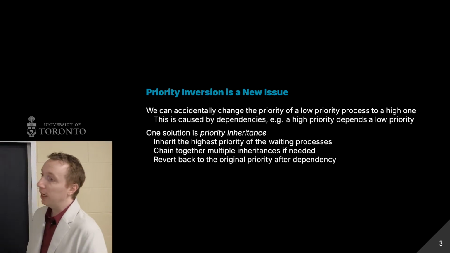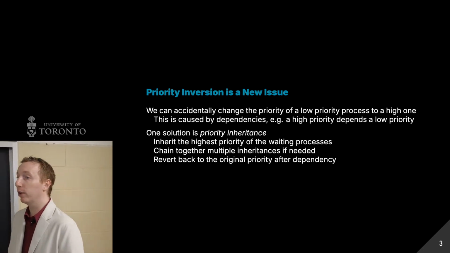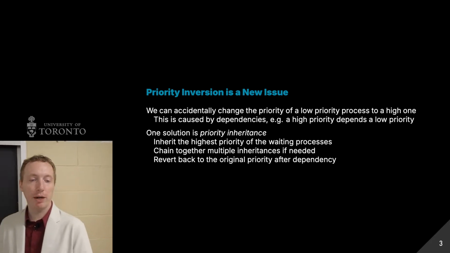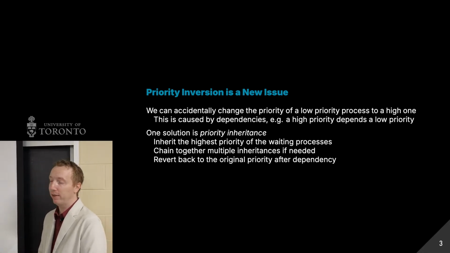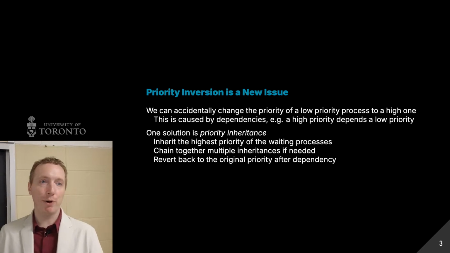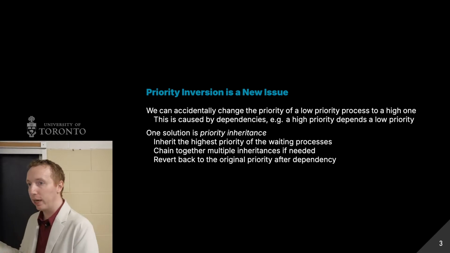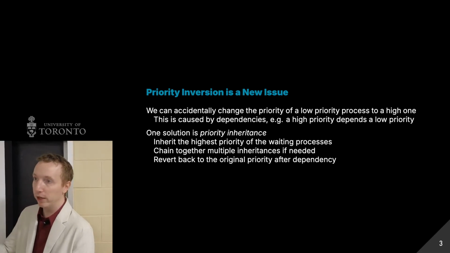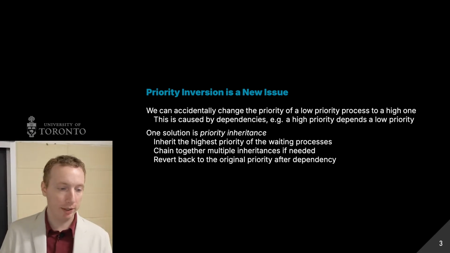So we have a new issue if we introduce priorities, called priority inversion. We can accidentally change the priority of a low priority process to a high one based off dependencies. If we have interprocess communication, as we have learned before, one process might be doing a read while another one's doing a write, and that read would be blocking until the process that does the write actually does it, then it can unblock and keep on continuing.